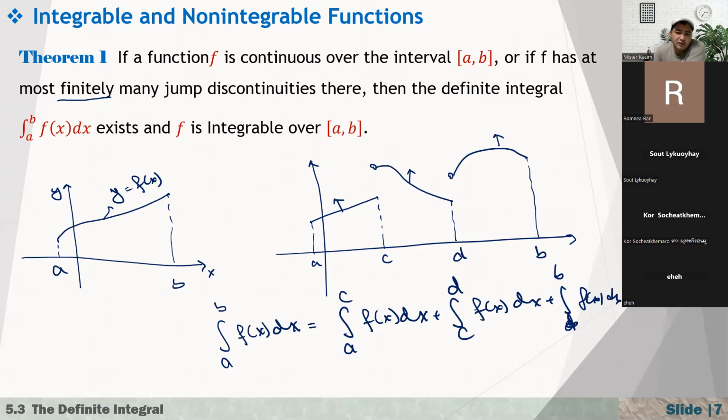This is how we integrate if our function has finitely many jump discontinuities in the interval [a, b]. What you have to know is that if you are given a continuous function over the closed interval [a, b], we can always integrate it. And if it has finite jump discontinuities over this interval, it is still integrable.